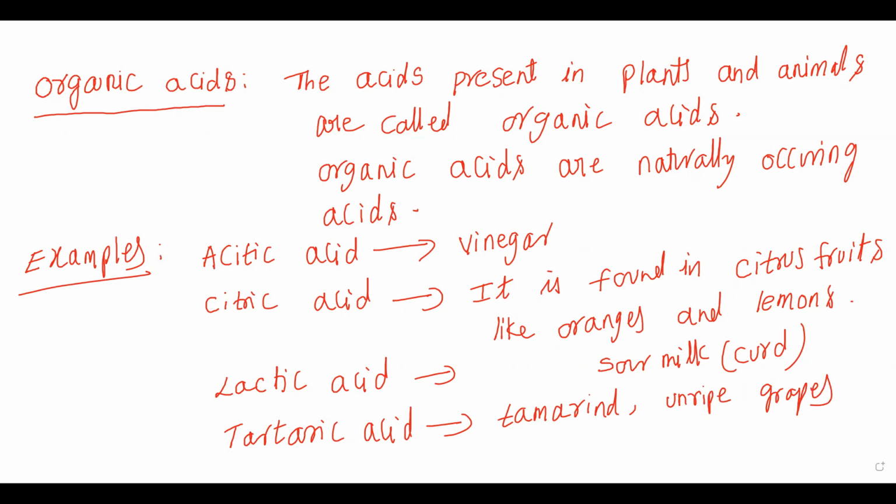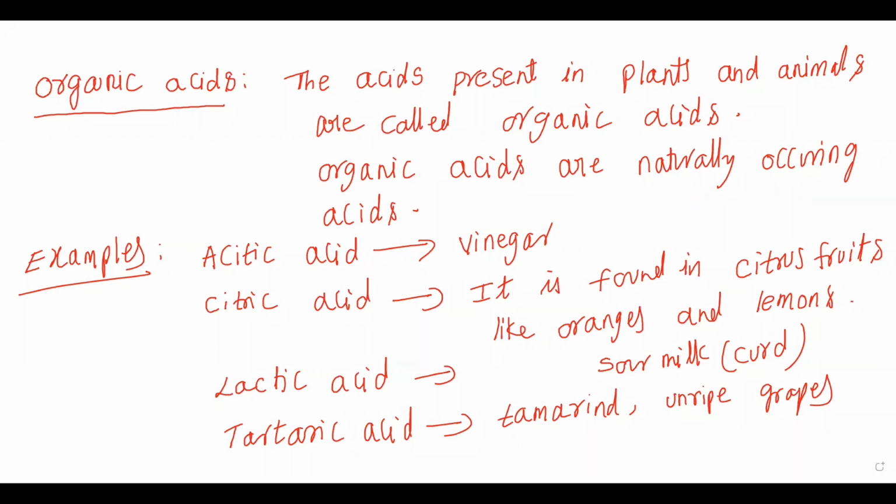So once again, recollect: acetic acid is present in vinegar, citric acid is present in citrus fruits like oranges and lemons, lactic acid is present in curd, and tartaric acid is present in tamarind and unripe grapes.